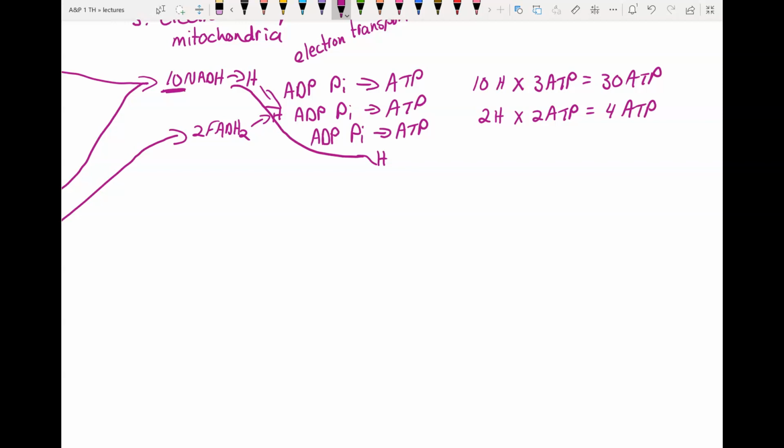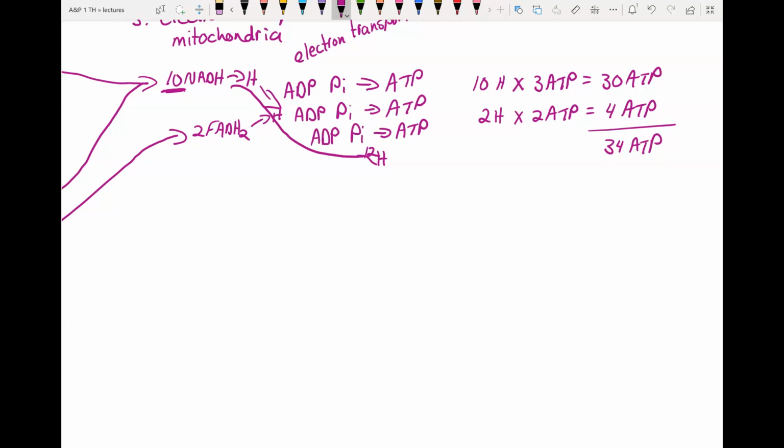So the FADH2 misses that top one. It starts part way up the slide, and it makes 2 ATPs for each hydrogen it drops off. So this means altogether, when all 12 hydrogens go down that slide, you get 34 ATP. So electron transport produces 34 ATP for you.